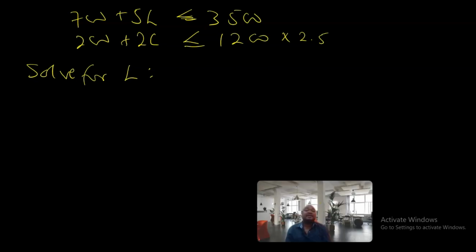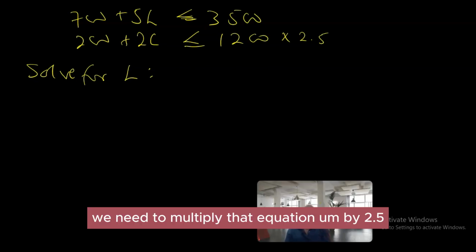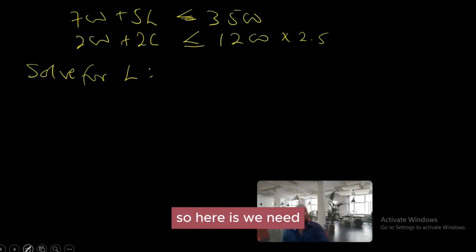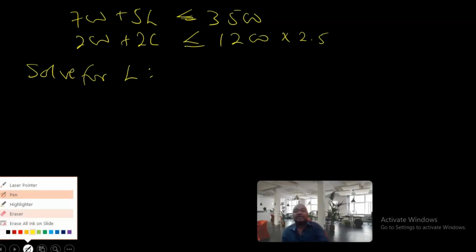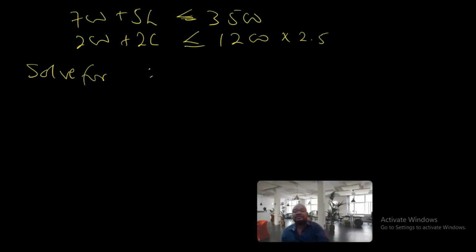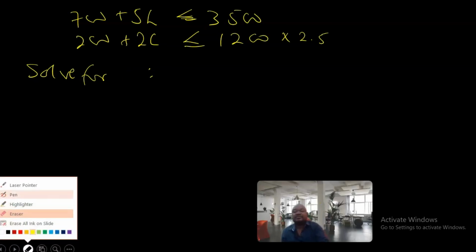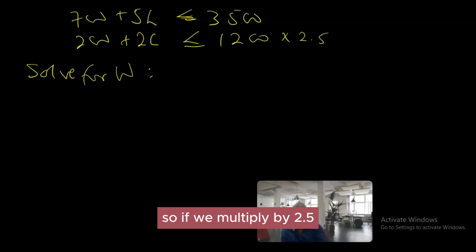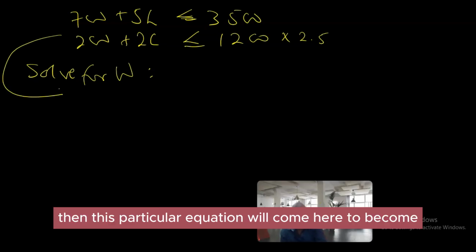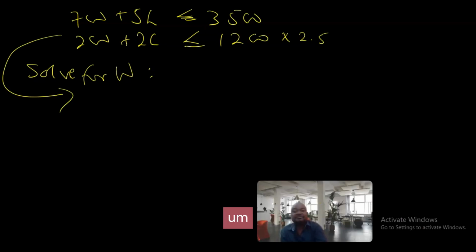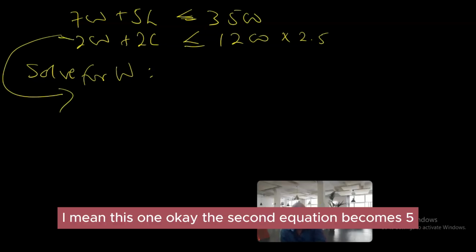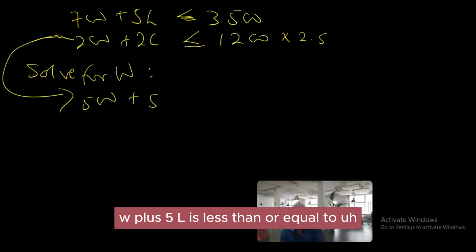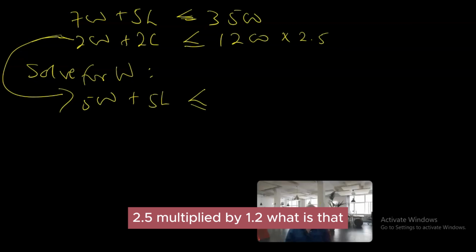So the second equation becomes 5W plus 5L is less than or equal to 2.5 multiplied by 1,200.